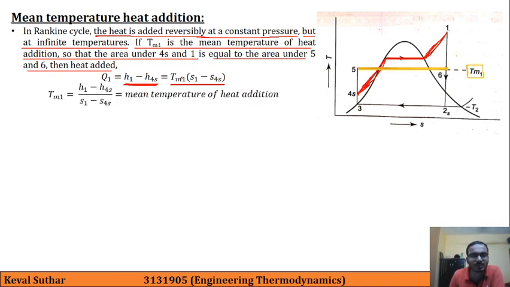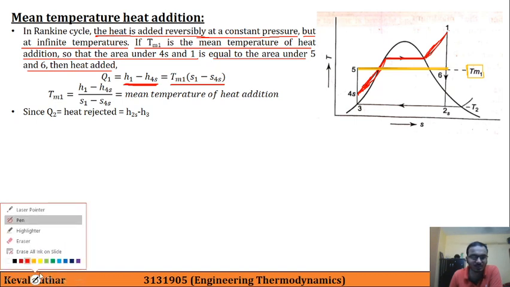And similarly here we are getting Tm1 as (H1 minus H4s) divided by (S1 minus S4s), which is equal to mean temperature of heat addition. Now Q2 is equal to heat rejected, that is same in both cases, that is H2s minus H3. So the heat rejection process is same.